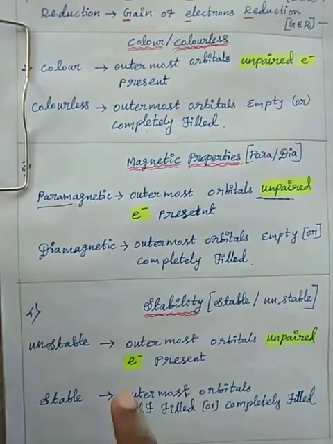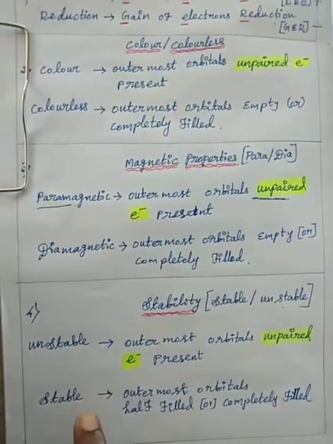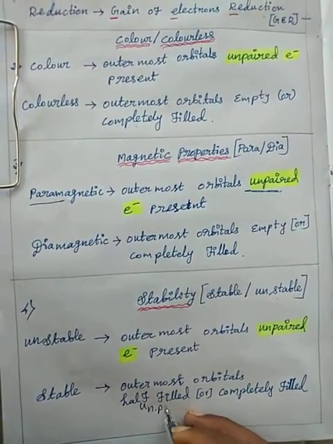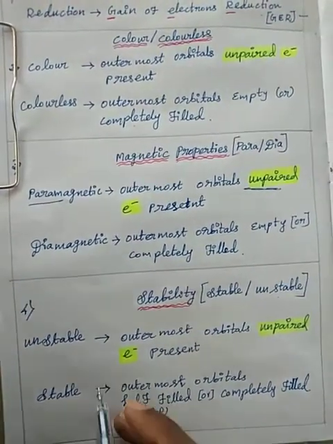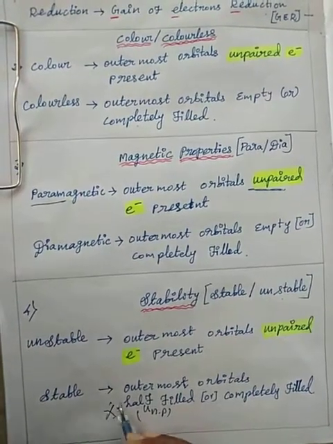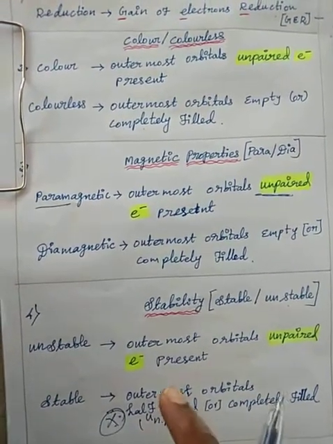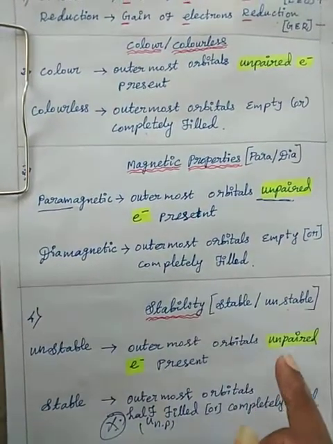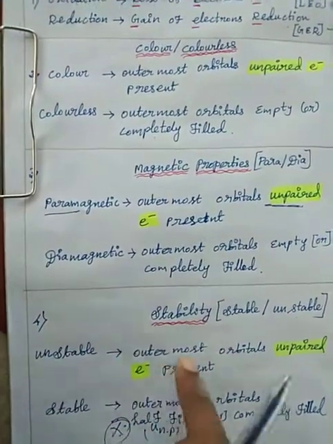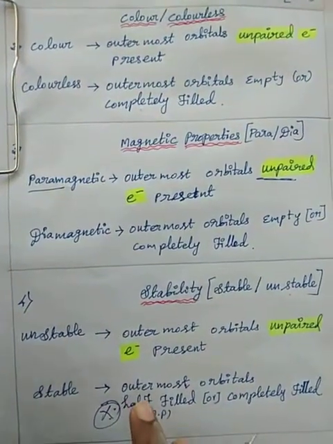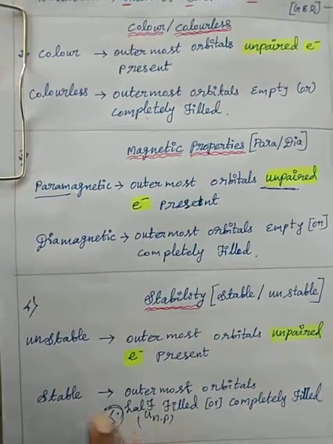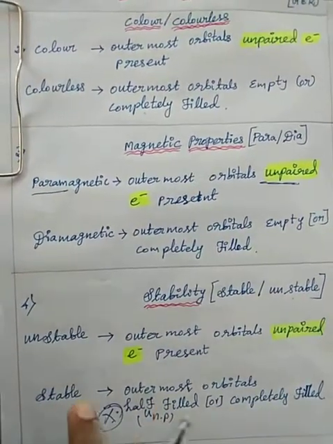But stable: outermost orbital half filled means more stable. It's a very important point that most students make mistakes on. Outermost subshell orbitals with unpaired electrons present is called unstable. But for stable, outermost orbital half filled means more stable, and completely filled means more stable.